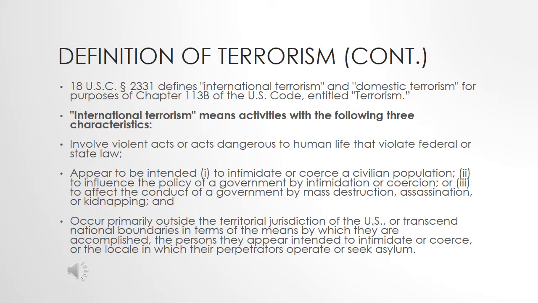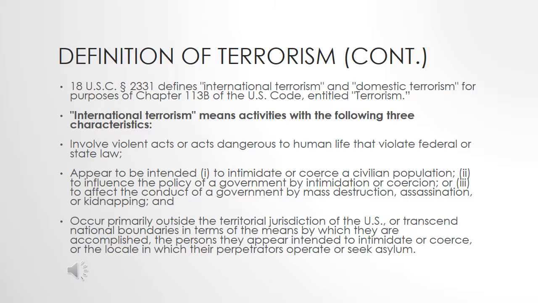The definition of terrorism, according to 18 United States Code, which is the federal law that covers terrorism, defines international terrorism and domestic terrorism for purposes of Chapter 113B of the United States Code, entitled Terrorism.